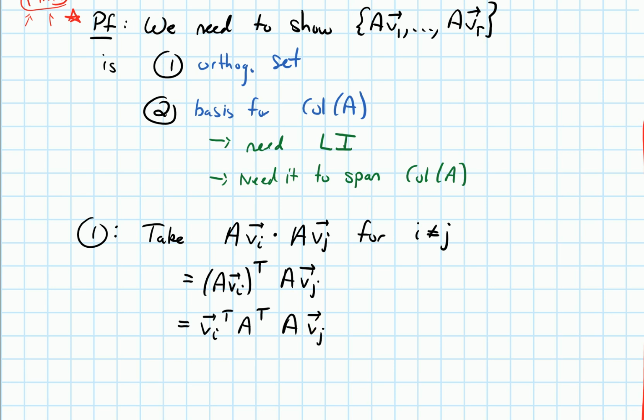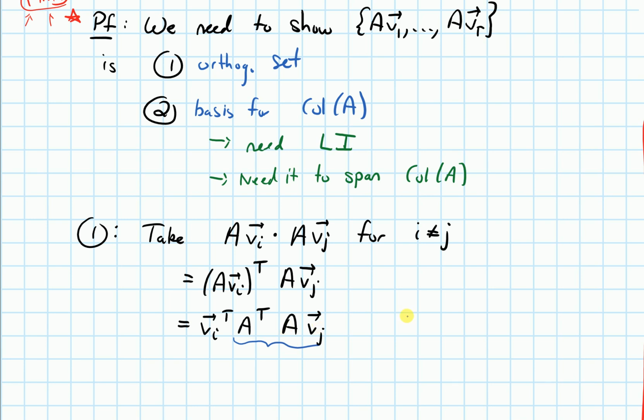And in fact, maybe I want to simplify A times VJ. Do I want to simplify that? Actually, I can't just simplify A times VJ, but I can simplify this whole thing, A transpose A times VJ.